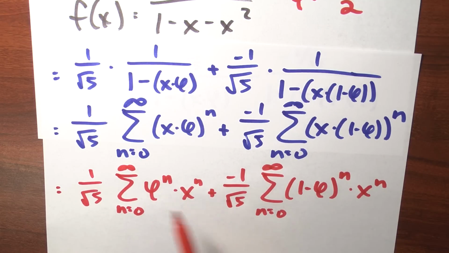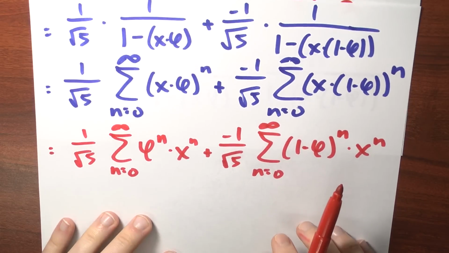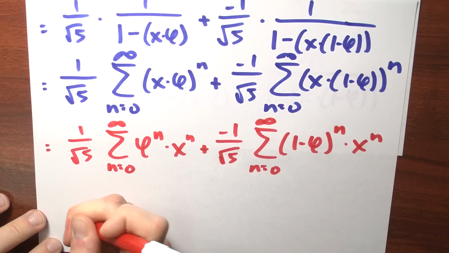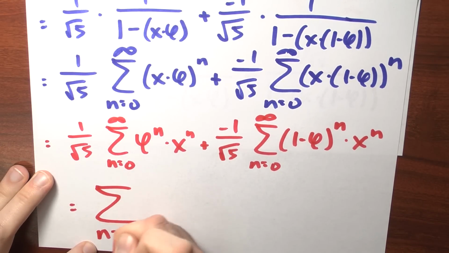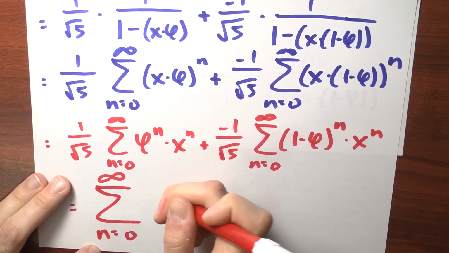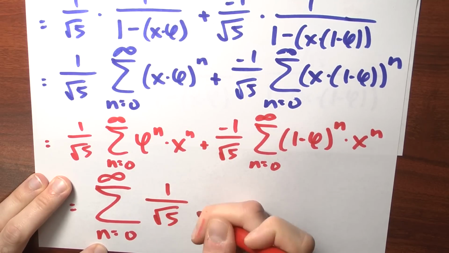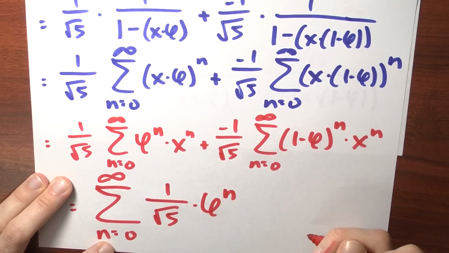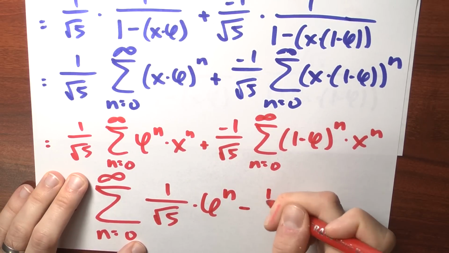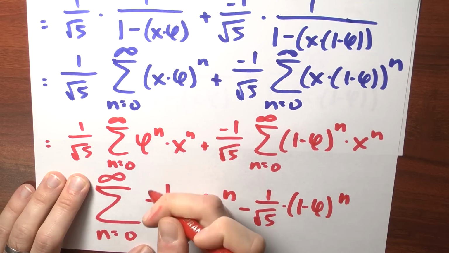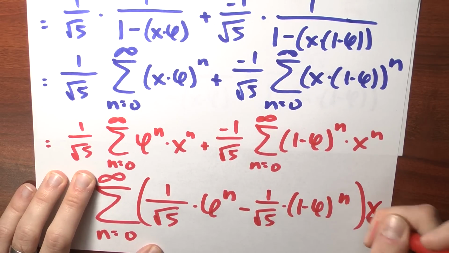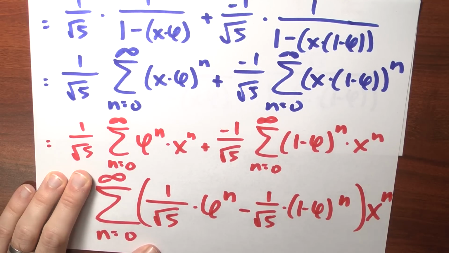I'm going to collect together the coefficients here in front of x to the n. So this is the sum, n goes from 0 to infinity, of 1 over the square root of 5 times phi to the n minus 1 over the square root of 5 times 1 minus phi to the n, all of this times x to the n. I can simplify that a bit.